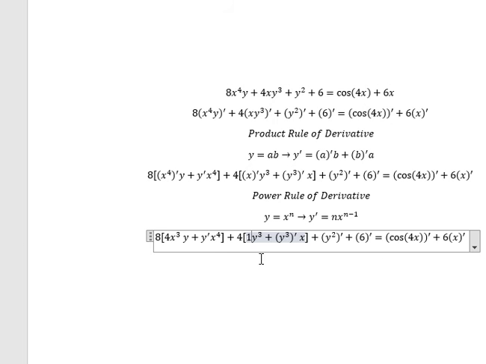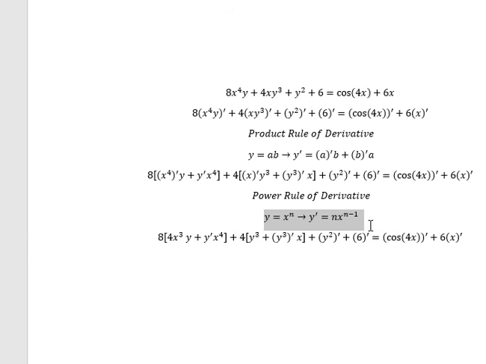So we can simplify like this, because this one is still number 1 next to y to the power of 3. This one we can apply the power rule in here, but this is for y.